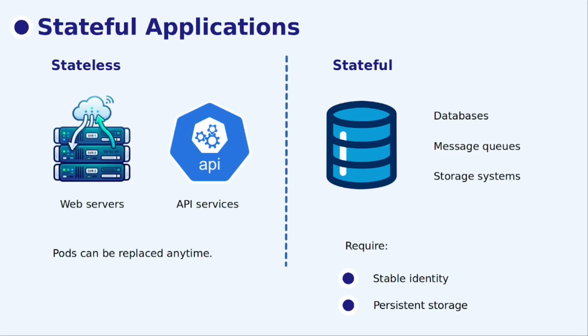Stateful applications, databases and MySQL. These require persistent data and stable identity. And here is the key insight. Kubernetes treats these two types differently. For stateless apps, we use Deployment. But for stateful apps, we use something more advanced.